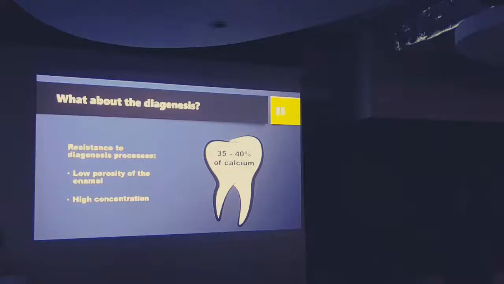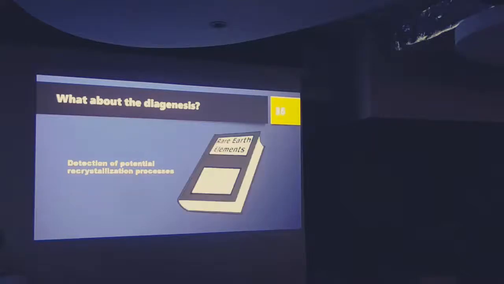Calcium is also highly concentrated in enamel, so if you want to overprint the original isotopic composition of the enamel, you need extensive diagenetic processes, with recrystallization for example, and we have some methods to detect if this process has occurred or not.